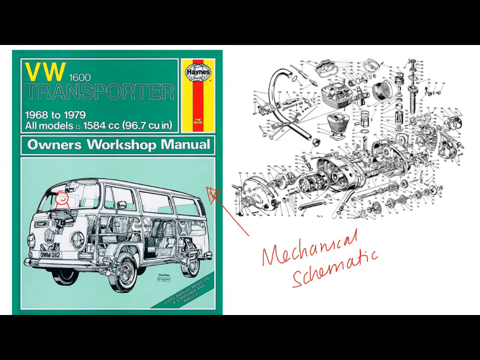But these repair manuals often include not just electronic or electrical schematics, they include mechanisms like this. So it shows how all the parts connect. I mean, that absolutely blows my mind, that diagram there. But for someone who knows what they're doing with this, it allows you to see how everything joins together. It's almost like an exploded diagram in a way. But this is another example of a mechanical schematic diagram.